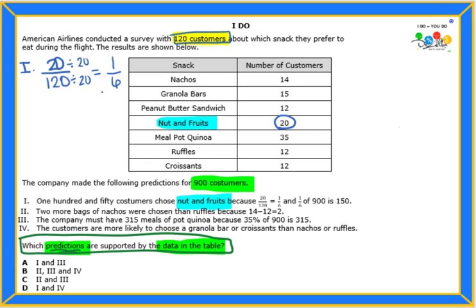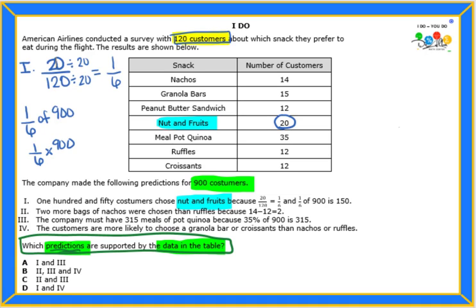So it is true that 1/6 of the customers chose nuts and fruits, right? So if 1/6 of all customers chose that, now when we predict for 900, we can indeed say what is 1/6 of 900, which would mean 1/6 times 900.